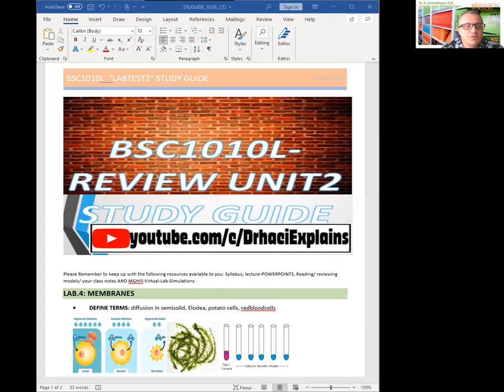Read your reviewing notes in the class and the experiments you did during the last 3 labs. We have three major labs in this unit 2: membranes, lab 4; enzymes, lab 5; and photosynthesis, lab 6. So let's get started. The test is going to cover just these 3 chapters.